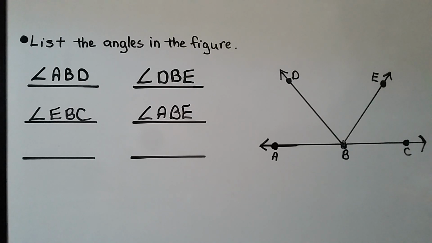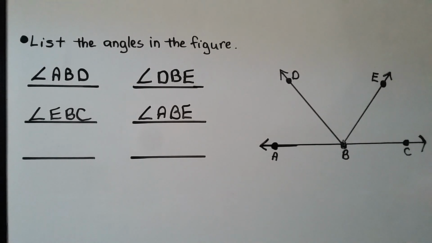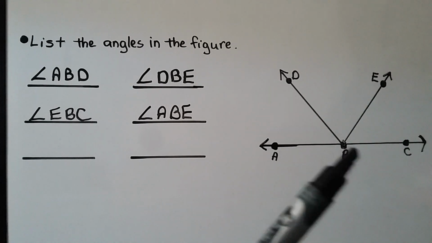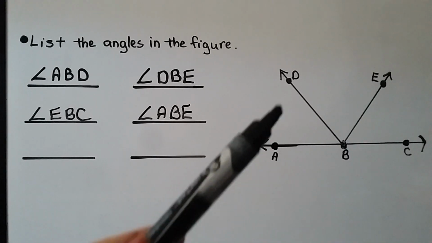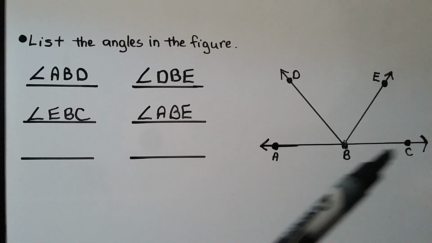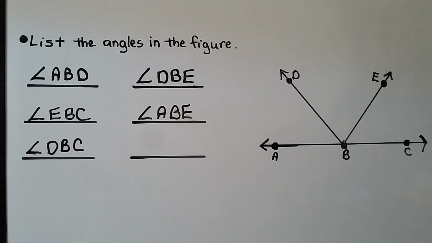Now can you find another one since we did ABE? What about angle DBC? And we ignore this ray right here. We have angle DBC with B as a vertex. And there's one last angle hiding here. Do you see it?